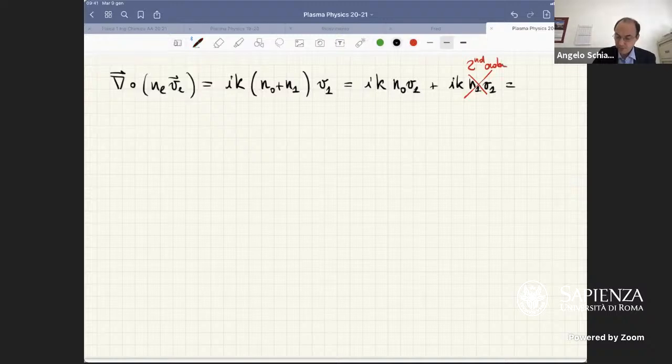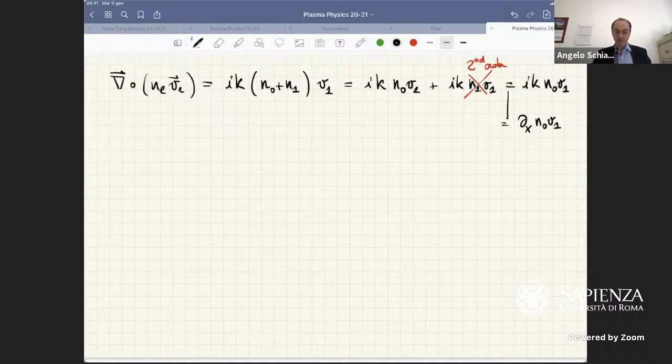All that remains is just ik N0 V1, which we can actually rewrite back as a normal differential operator, d/dx of N0 V1. Okay, this is the term that remains in the divergence of the mass current of the electrons.